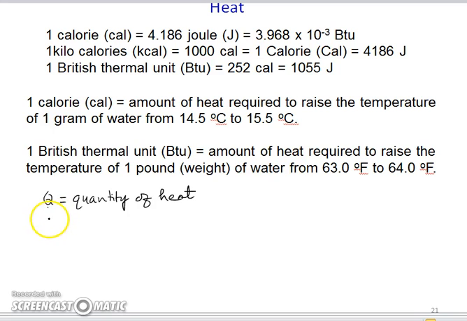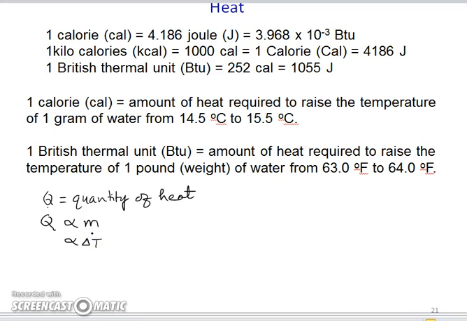So we can conclude that Q, the quantity of heat required to raise the temperature by some amount delta T, is proportional to the mass of the material, here water. The more water, the more heat you need, even if you are raising by the same amount of temperature. In the same way, the quantity of heat required is also proportional to delta T, the change in temperature.